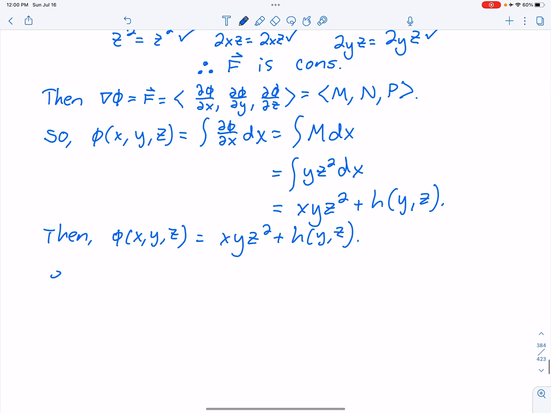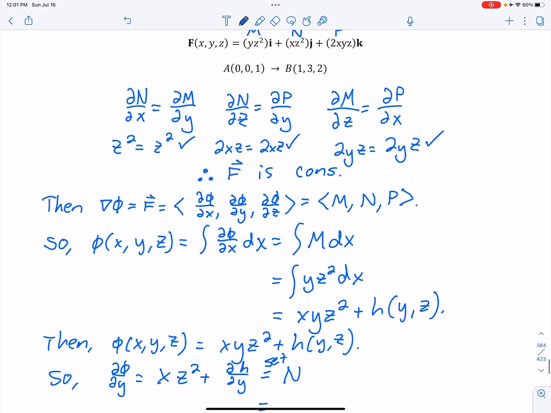Now I'm going to take the derivative. So the derivative of phi with respect to y, all right, the y just goes away. I get xz squared plus, I don't like to write that with the prime, partial of h with respect to y. There we go. And then I'm going to set this equal to, remember that is the same thing as N. Let's see what N was. N is xz squared.